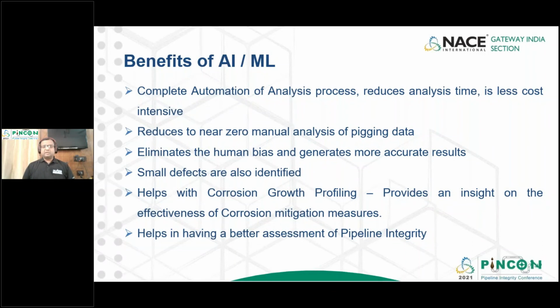It is able to detect small defects which are generally missed during human analysis. It helps in corrosion growth profiling, which provides insights on the effectiveness of corrosion mitigation measures. The AI engine provides better, quicker, and faster results than a human analysis process.